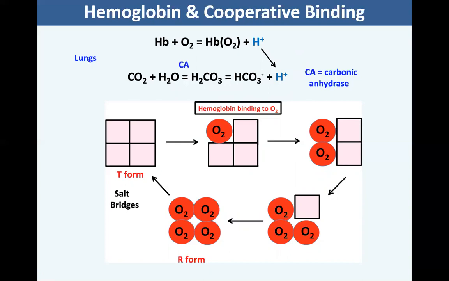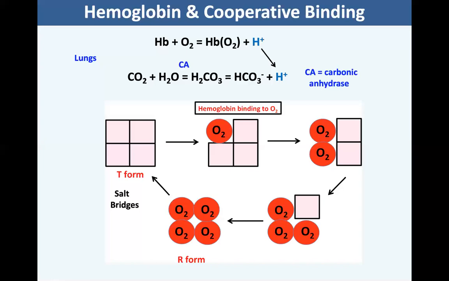That's the only way I can put this all together in my head. And once I know that, I can do all the other dominoes, but it took me so long to figure that out. So what we're doing is we release a proton, and that proton then is in solution, and it's actually going to be part of the carbonic acid buffering system, which is the major buffering system to regulate pH in cells.